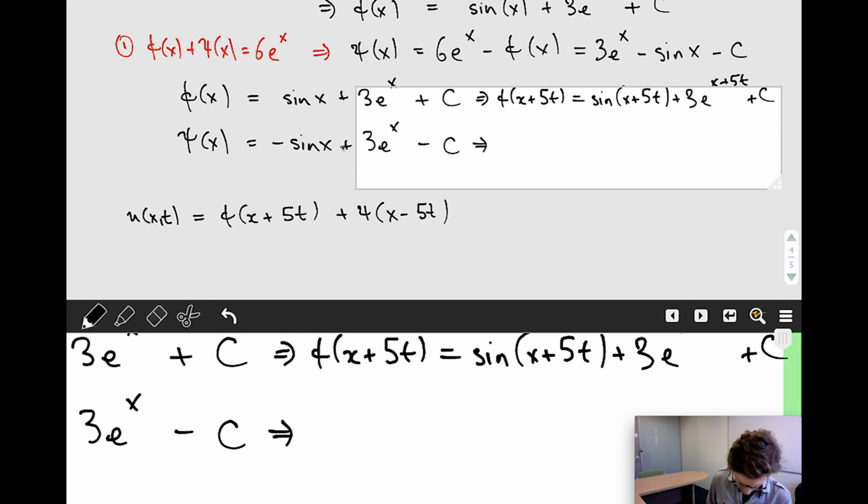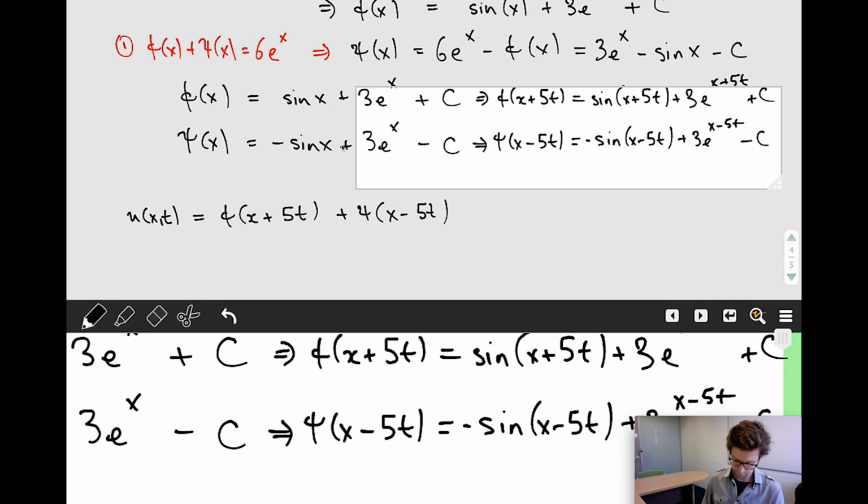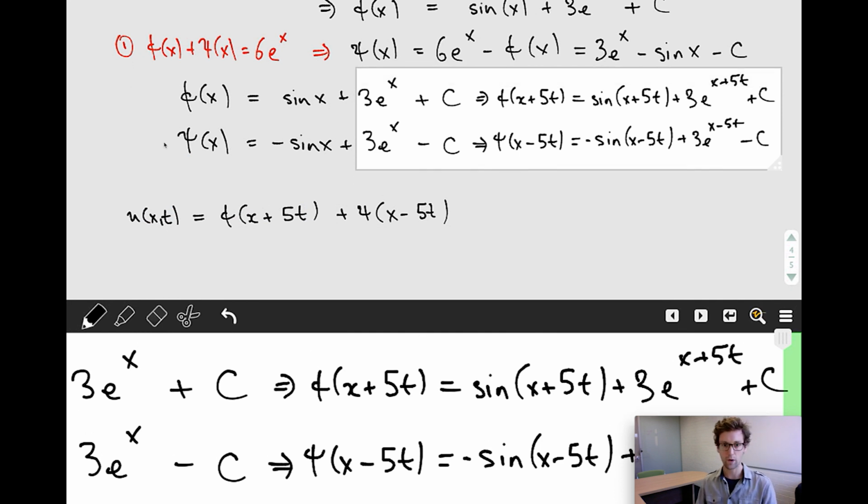And I've got psi of x minus 5t is equal to minus sine of x minus 5t plus 3e to the x minus 5t minus c. So you can see that all I did there was replace x everywhere it appears in these two expressions with x plus 5t for this function and x minus 5t for this function.